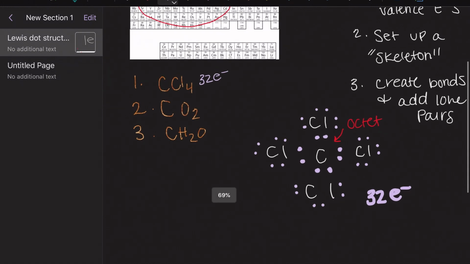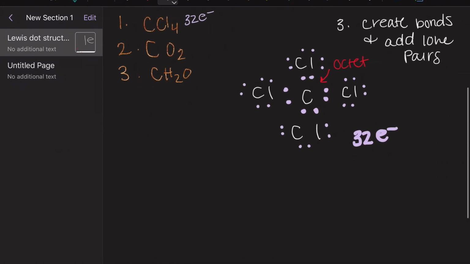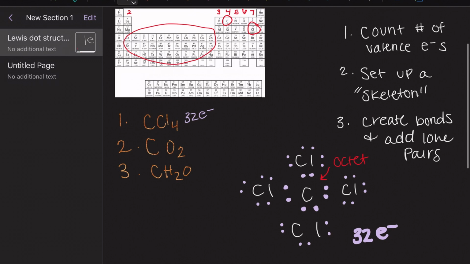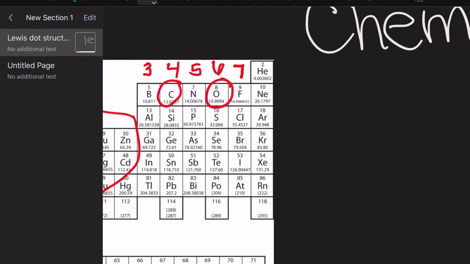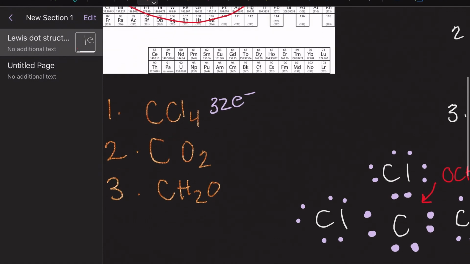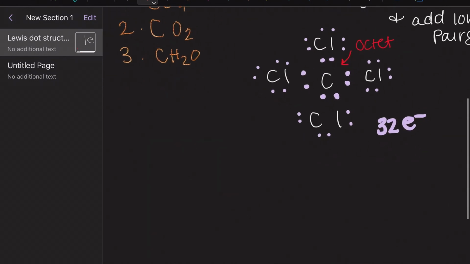So now let's move on to number 2, CO2. If we come up here, we can see that we need 1 C and 2 O's. So we need 16 valence electrons, 12 plus 4. And then we'll make our shell.